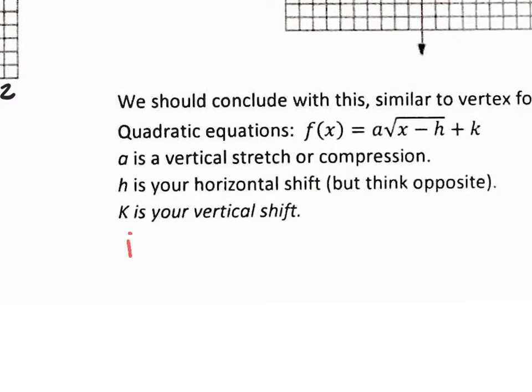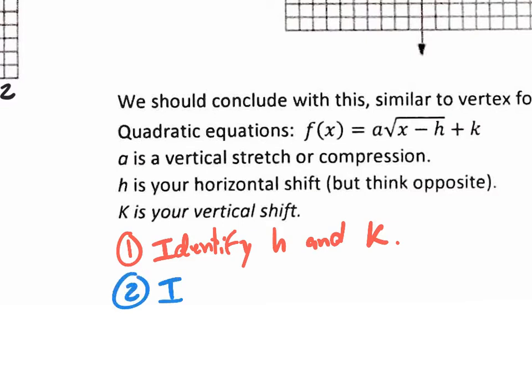Step 1 is to identify H and K. Now, this is going to sound weird, but step 2 is to ignore H and K with a box.